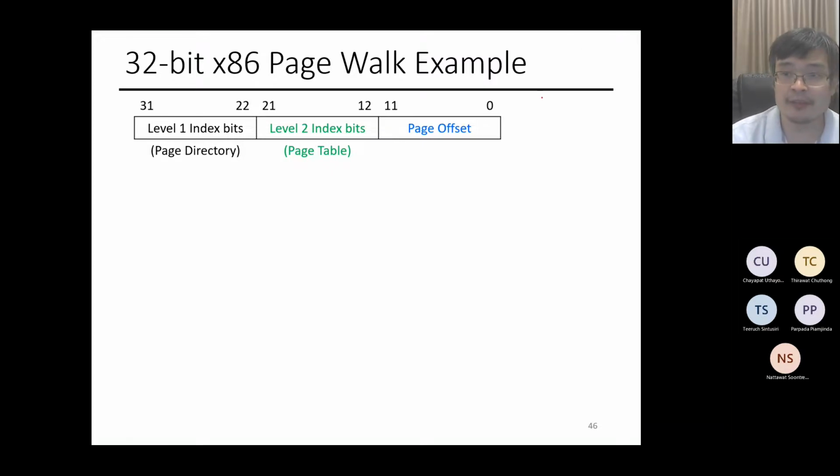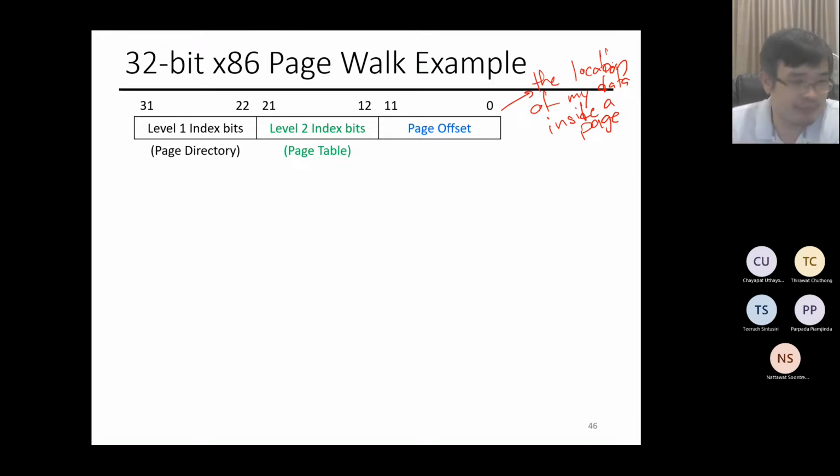The page offset would tell you the location of my data inside a page, right? Because a page is 4 kilobytes in size, your access, let's say it's an integer, right? Integer access is 4 bytes.